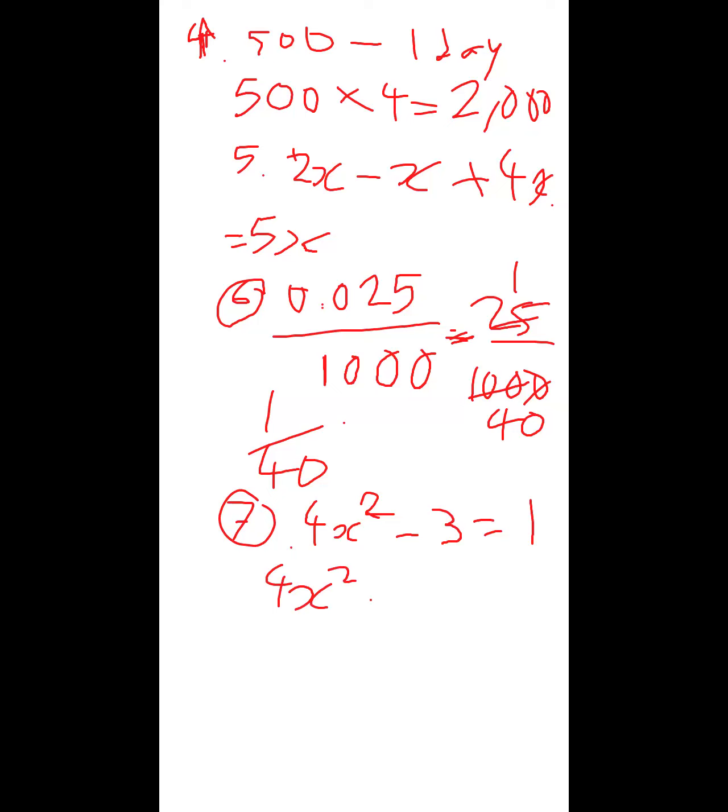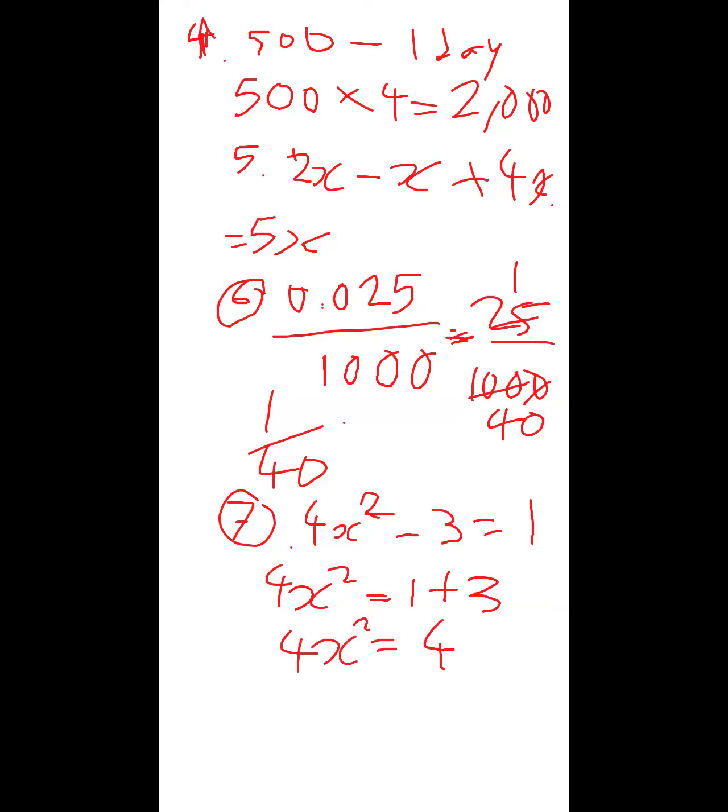So the minus 3 will go over the equal sign to meet 1, and it will become plus 3, because you do the opposite. Exactly. And so we're going to have 1 plus 3, which is 4. So 4x squared is equal to 4.